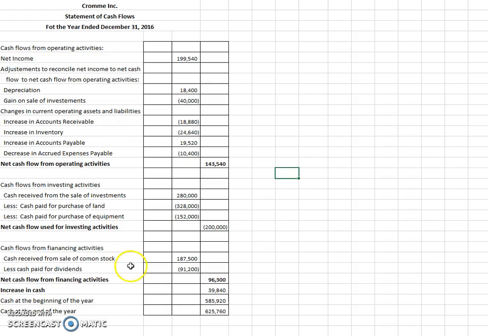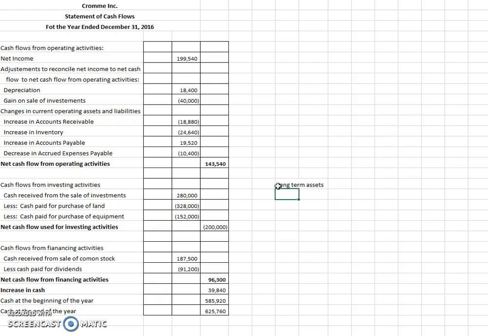Next, we move on to investing and financing activities. These are more straightforward because we're not trying to back into any numbers. We're just going to take what happened to cash for each of these categories. So investing activities has to do with long-term assets. So we're talking about land, equipment, vehicles, investments, long-term assets, whatever they may be.